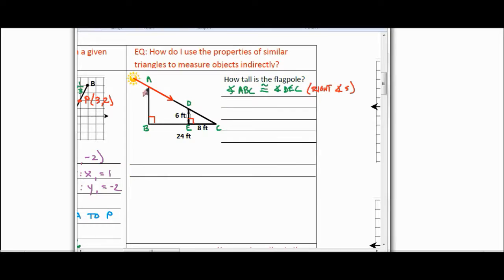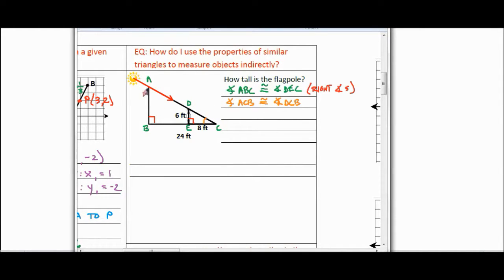All right? Now, we also can know that angle ACB is congruent to angle DCE. Let's take a look at why that is. ACB is this angle right here.